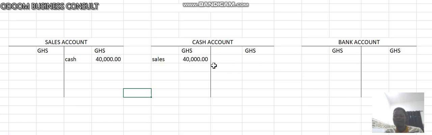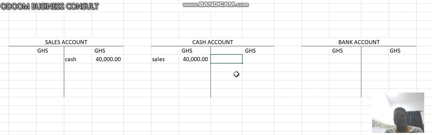Now cash is given to the bank account, and bank account is also an asset account. As we said earlier, any increase in an asset account will be what? Debited, and a decrease will be credited. So since cash is also an asset account, now that we are taking it into the bank account, it means that the cash account will reduce, right?